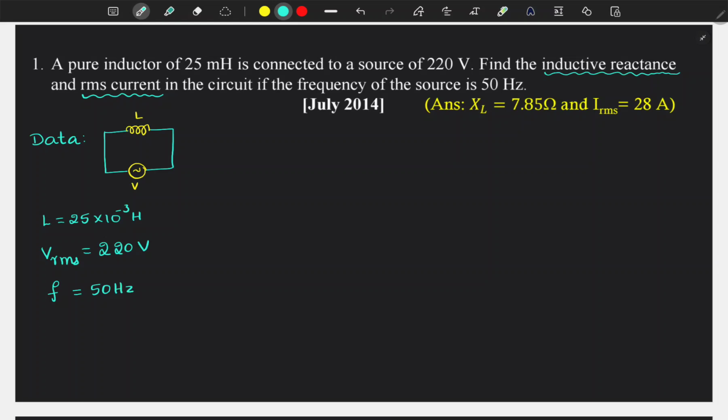So what do you need to find? To find inductive reactance, that is XL is equal to how much, and RMS current, that is IRMS, how much.